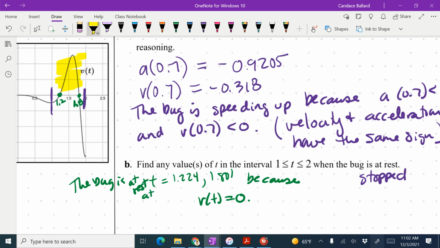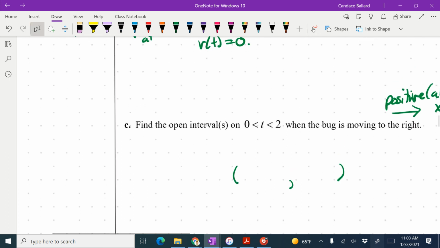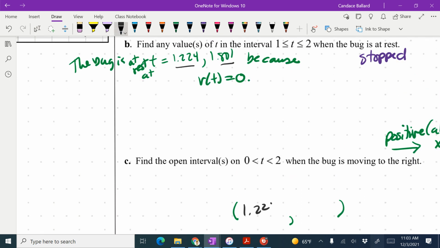So what two x values is that between? 1 is here, right? So be specific. Where is it between? Exactly. 1.2 and 1.8, right? But I have to use the 3 decimals that we had here. So we're going to say it's 1.224 to 1.801.